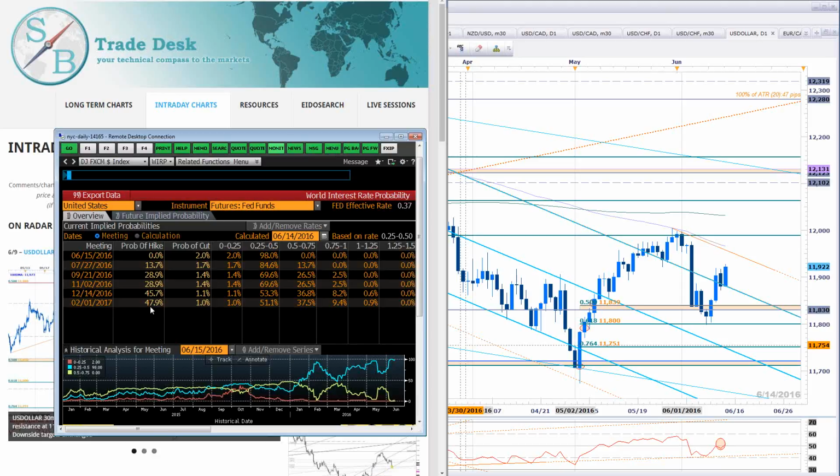So market expectations are now kicking out the first or the next interest rate hike till past February of 2017. Interestingly enough, that shift in the longer term outlook for rates has not impacted price. So in my mind, that still leaves the dollar vulnerable, heading into the release.